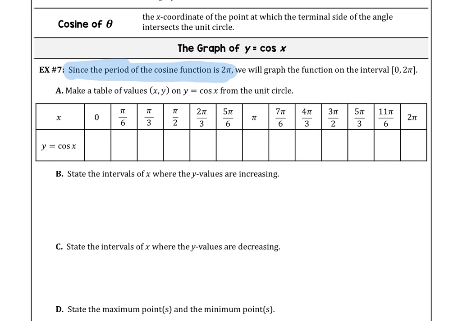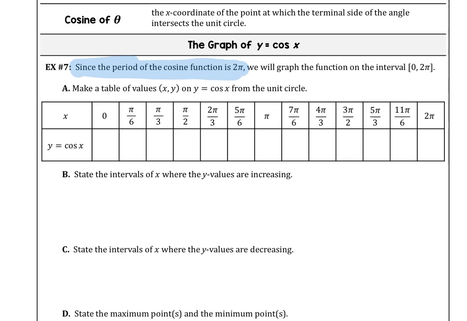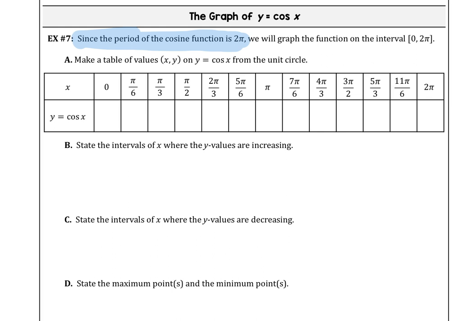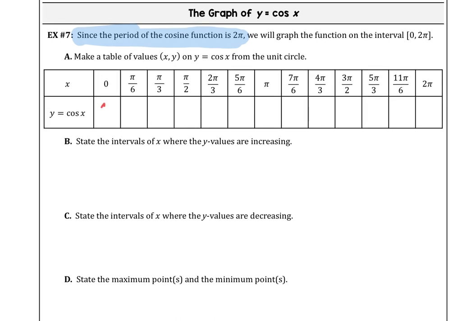So again, when x equals 0, the cosine value is 1. If you think about the unit circle, when you go to pi over 6, the x value there is root 3 over 2. Jump up to pi over 3, then the x coordinate becomes 1/2. And then at pi over 2, which is at the top of the unit circle, our x coordinate is 0.